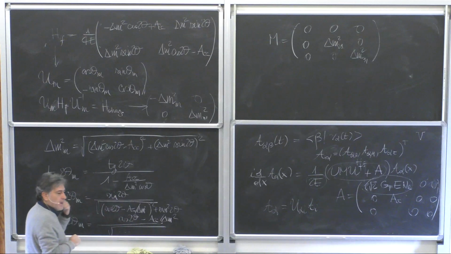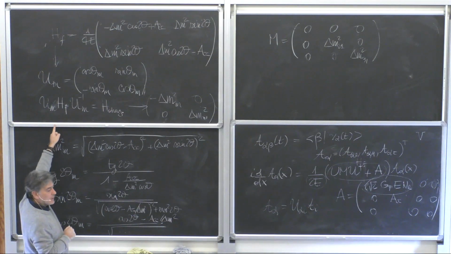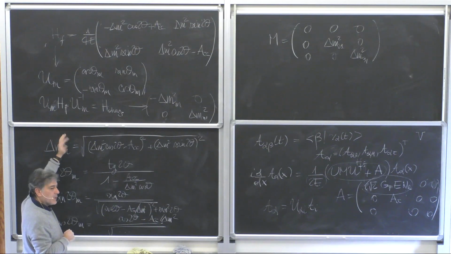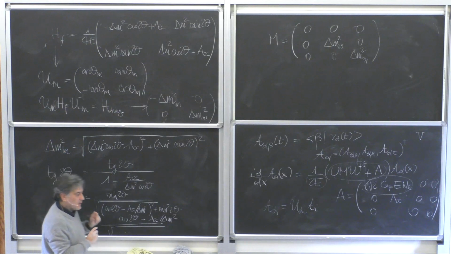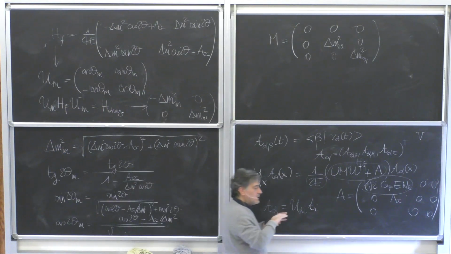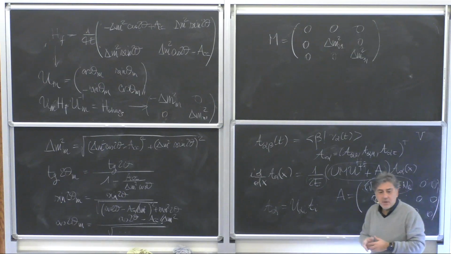And to go back to the flavor eigenstates, we use the relation that diagonalized the Hamiltonian. Now, the U_m matrix will relate the states in vacuum with the eigenstates in matter.